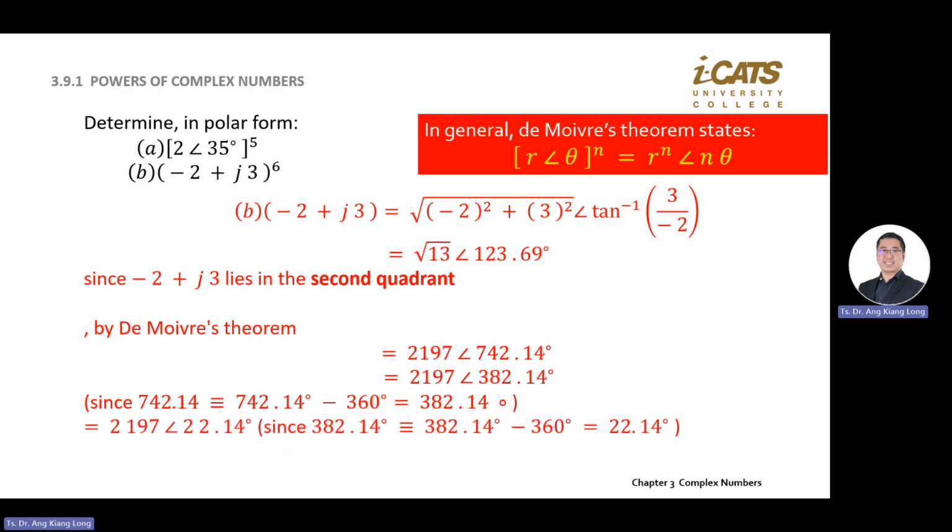So you minus again. Actually, you can straight away minus 2 times 360, because at the end we want to know what quadrant it is, and you always calculate from the positive axis. So 700-something means it will go a few rounds, but what is important is the final angle, 22.14. You stop there.